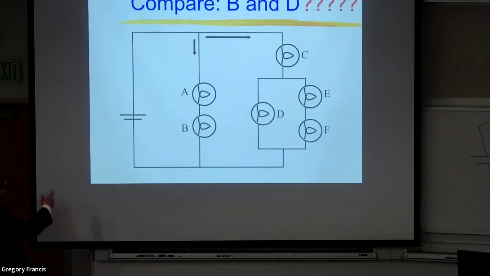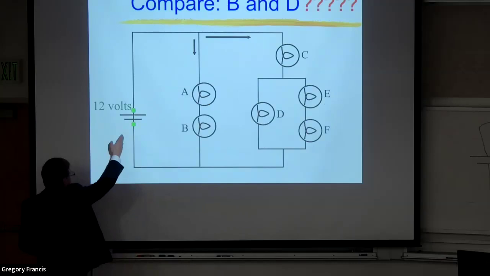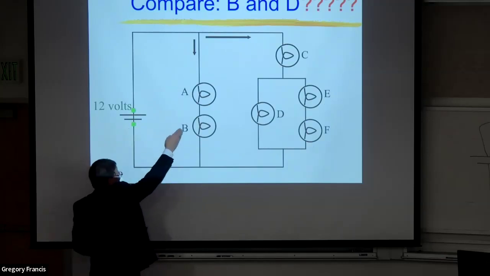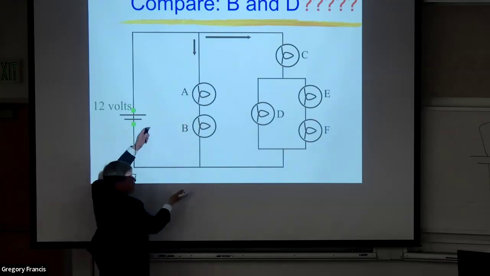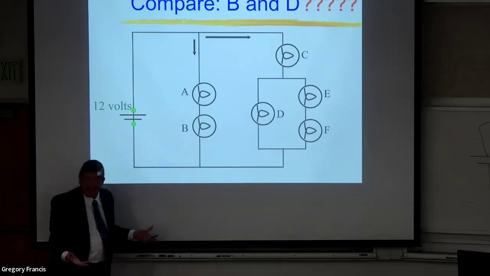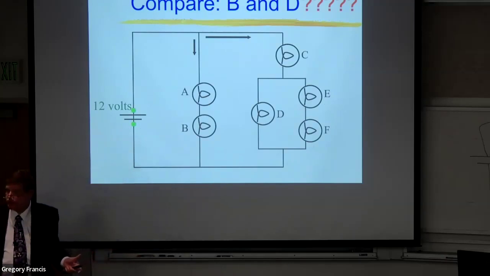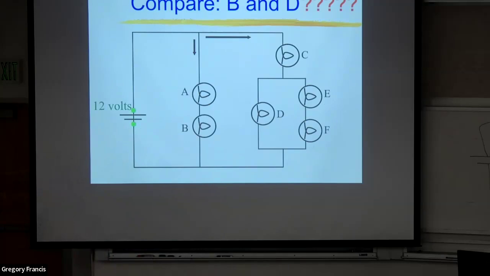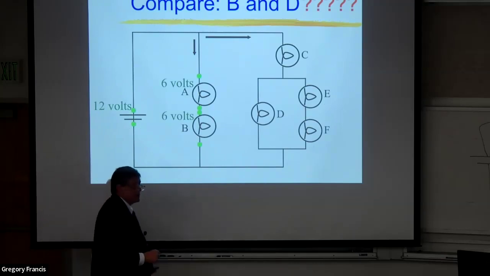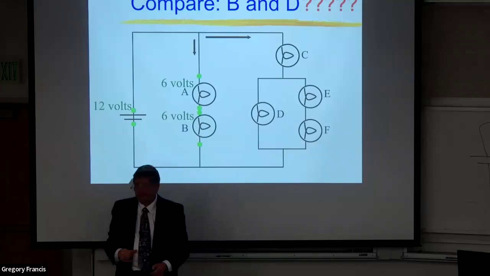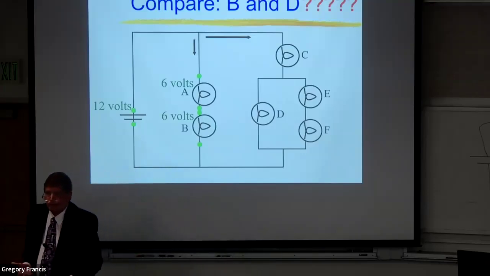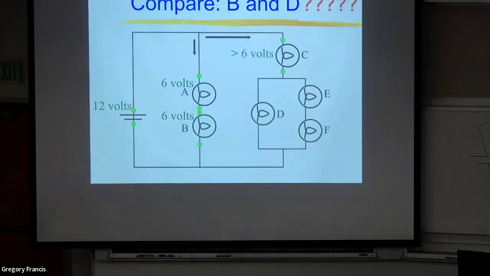Okay. If I have a 12-volt battery and these two bulbs here have 12 volts across them, and they're the same brightness, we saw they were the same brightness, they must have 6 volts and 6 volts. By our current model, we said that C had to be brighter than A. Well, if A has 6 volts across it, C has to have more than 6 volts across it.